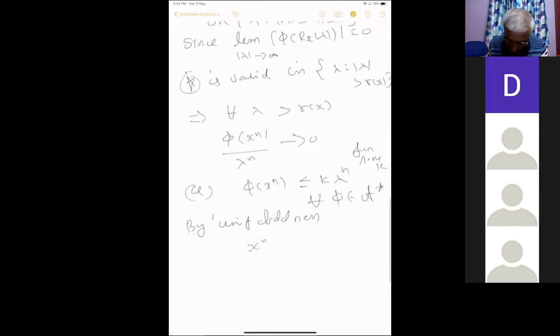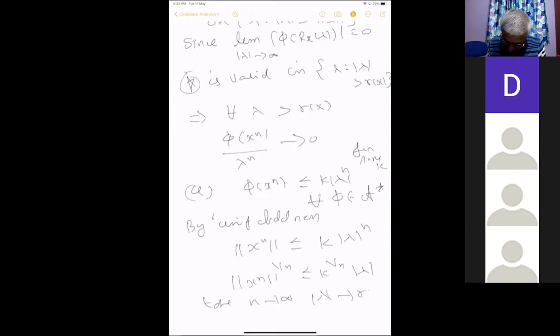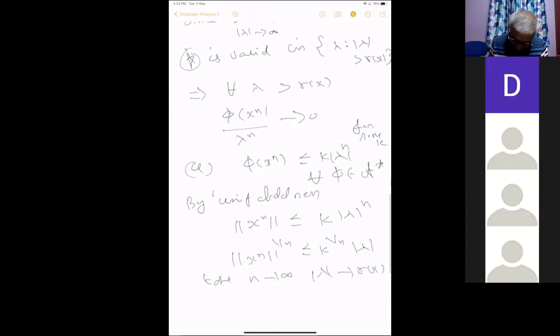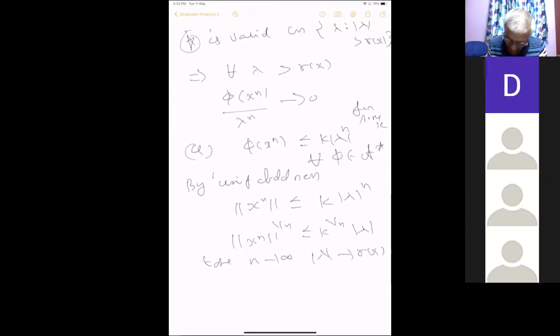The norm of x^n is less than or equal to k times mod lambda^n. You can take k^(1/n) there. So this implies (norm x^n)^(1/n) is less than or equal to k^(1/n) mod lambda. Now you take n going to infinity.